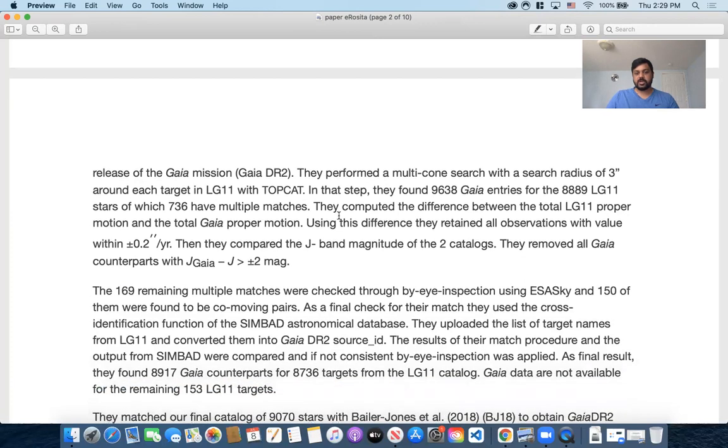In order to remove the multiple matches, they did a clipping in the proper motion and the J-band space. So they computed the difference between the proper motions in the LG11 catalog and the Gaia DR2, and then clipped values beyond a certain limit. And they repeated the same thing for the J-band magnitude.